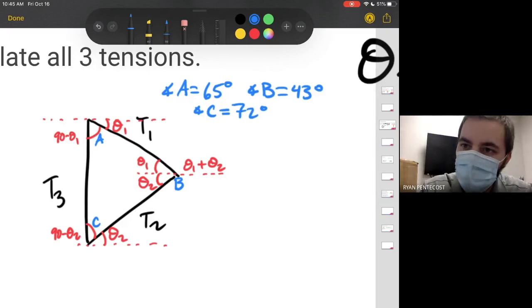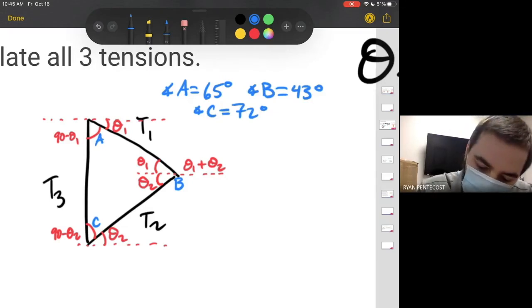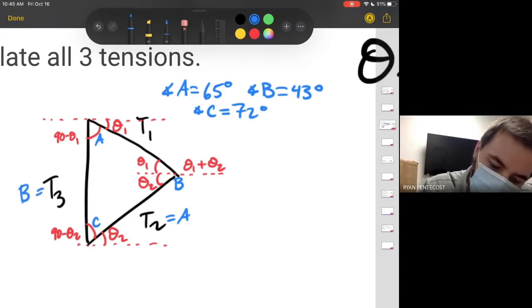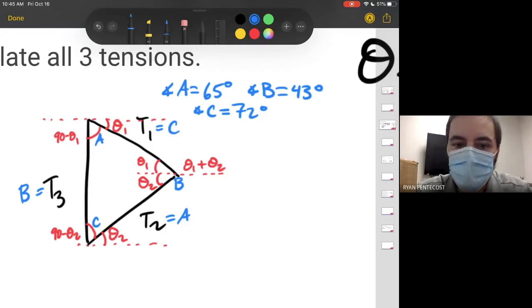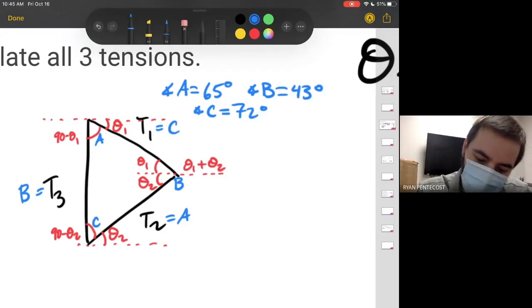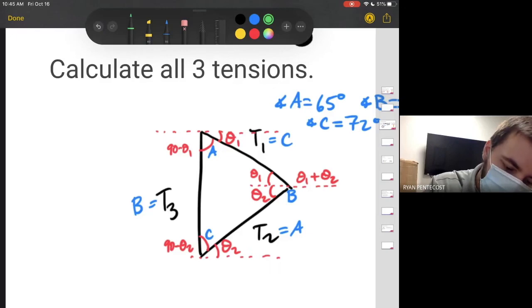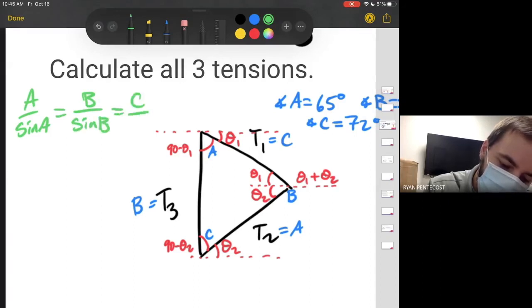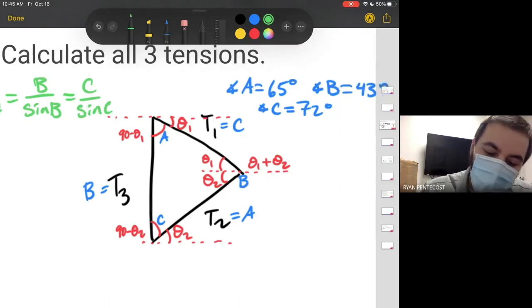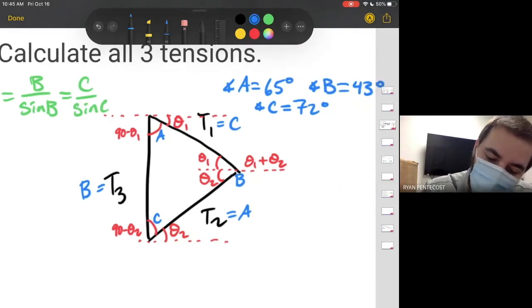Now, we also know what sides we're looking at. That means that T2 is A, T3 is B, and T1 is C, just by looking at what's opposite of each length. It's easier if we use the method where we have A over sine A equals B over sine B equals C over sine C. And we know the entirety of B, because we have T3.